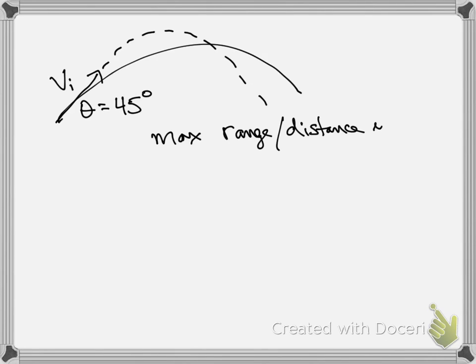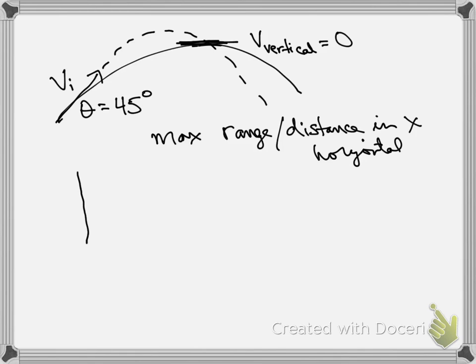Some other things that we remember at the top here, the ball or dancer is not going up or down. So V in the vertical direction is 0.